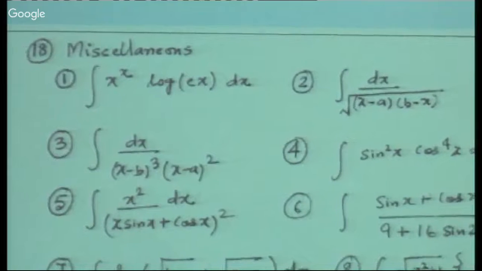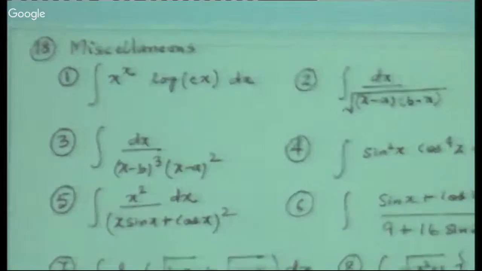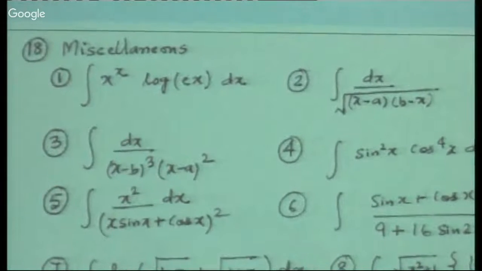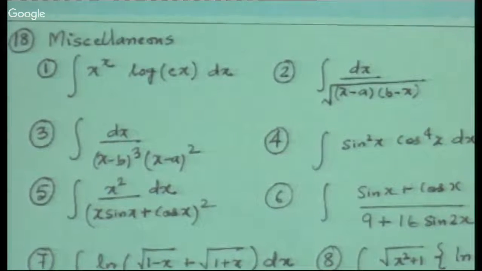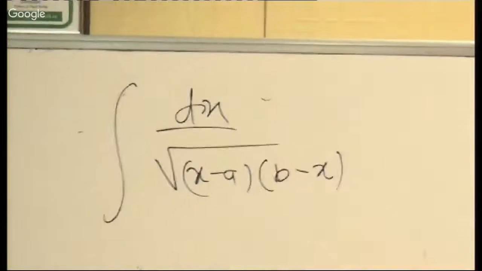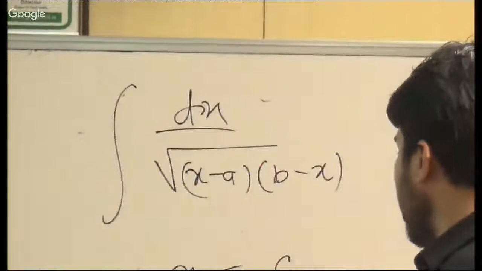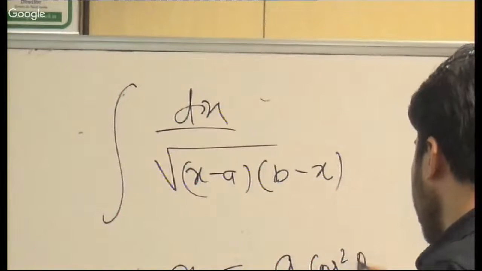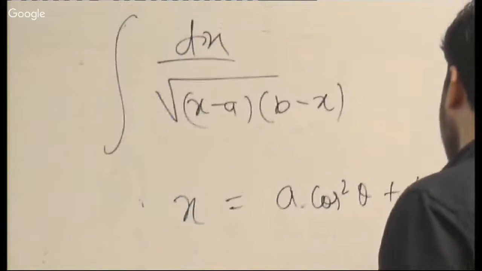When you see dx upon under root x minus a into b minus x, we already know one method, under root quadratic, right? But things are a little messier if you go that way. But I can make it very easy by substituting x as a cos square theta plus b sin square theta.